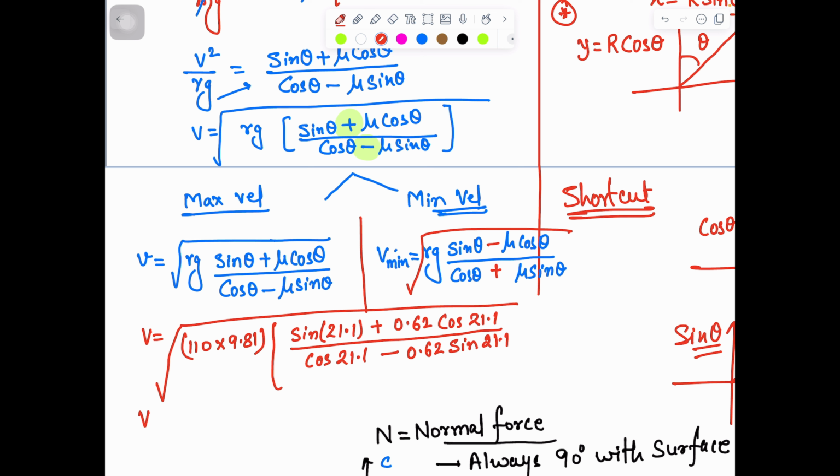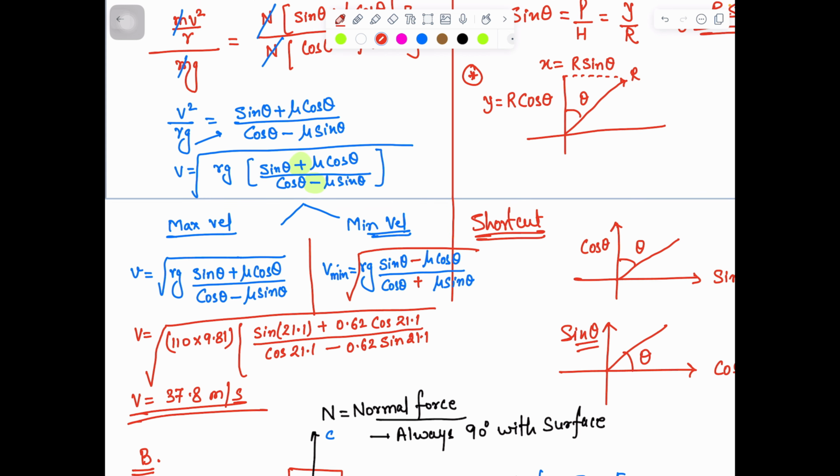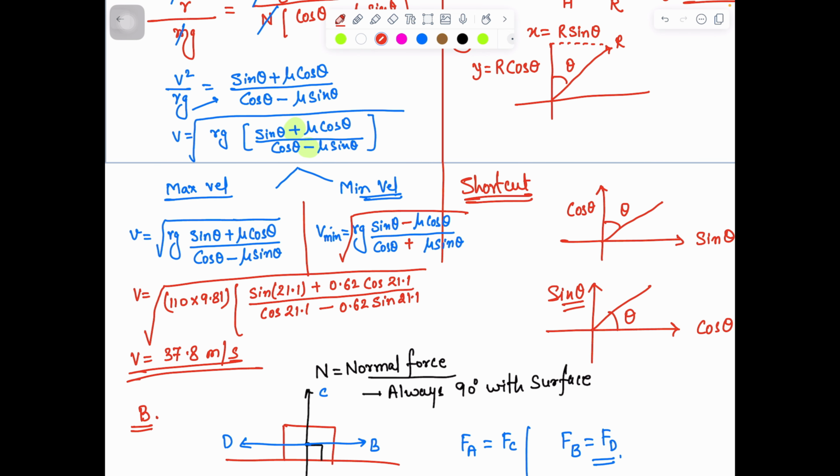Solve it. V max is 37.8 meters per second.